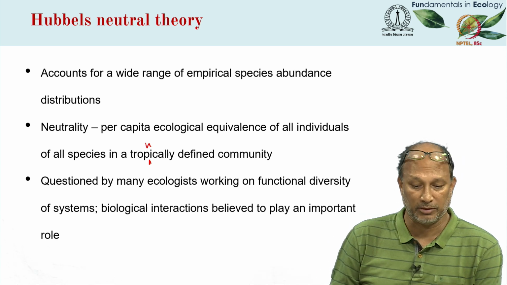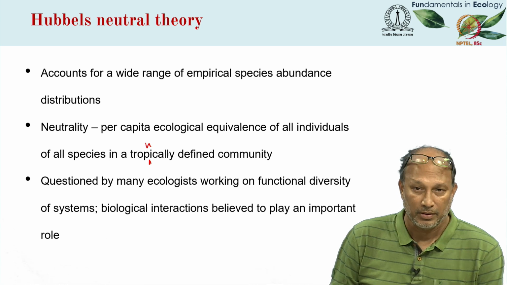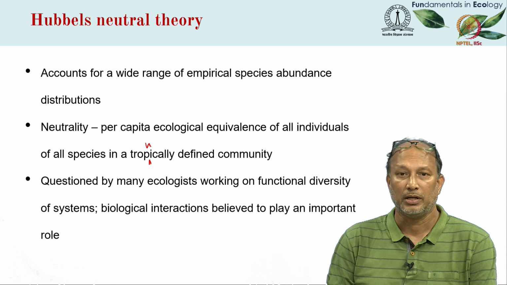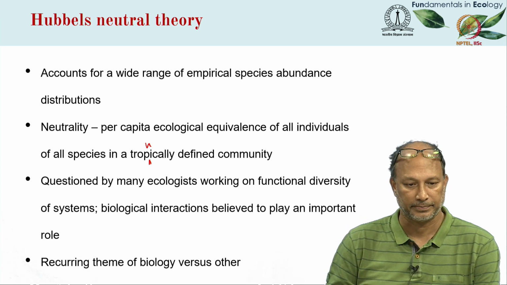Of course, this has been questioned by many ecologists working on functional diversity. On the one hand, we also know that biological interactions play an important role. So there has been a lot of debate and discussion about this theory.